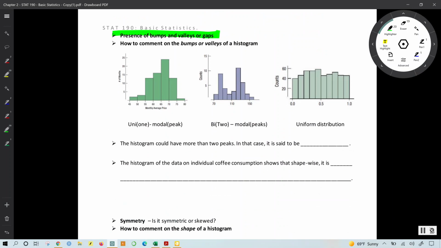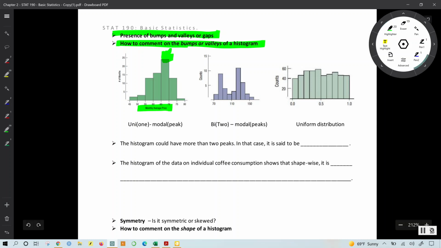Then what I want to teach you next is how to comment on these bumps or valleys. See, in this case, we have monthly average price. And I can see a bump here. The bump usually shows the most often experienced data values in the data set for which you have drawn the histogram.